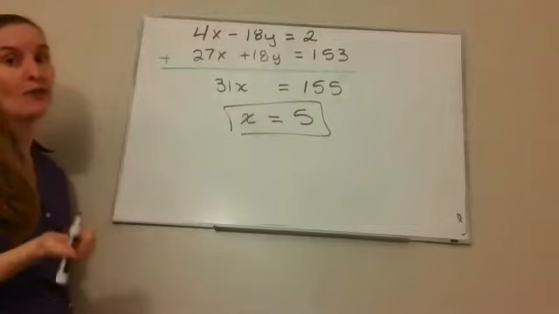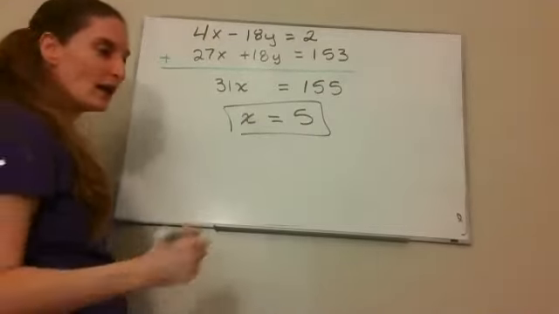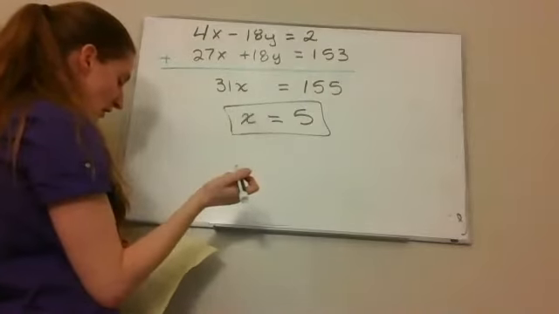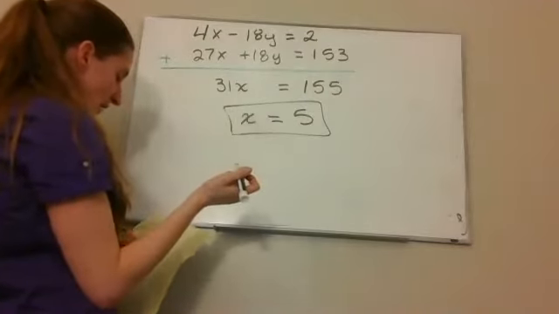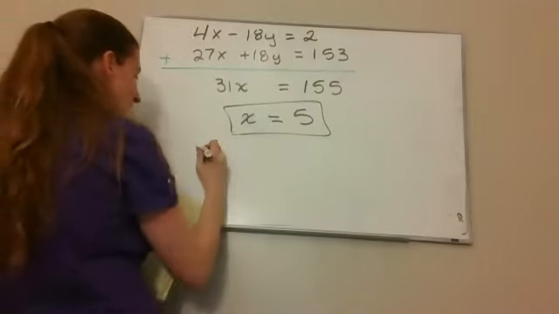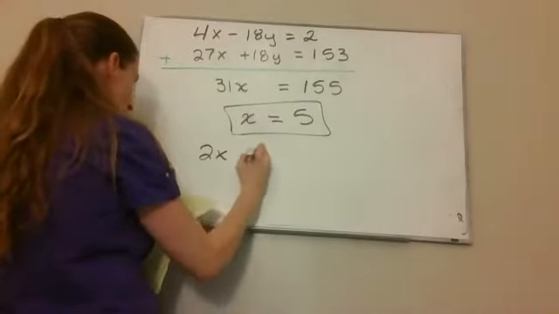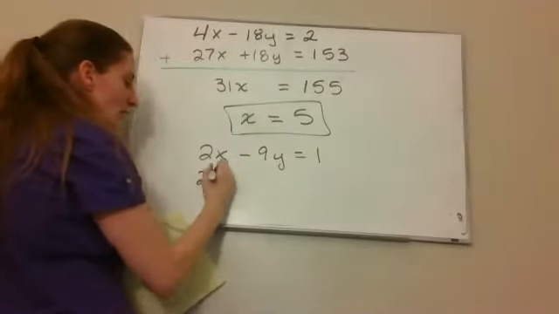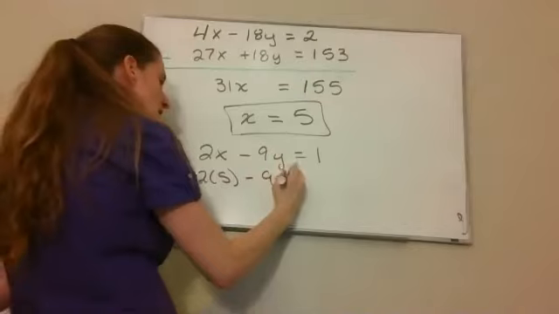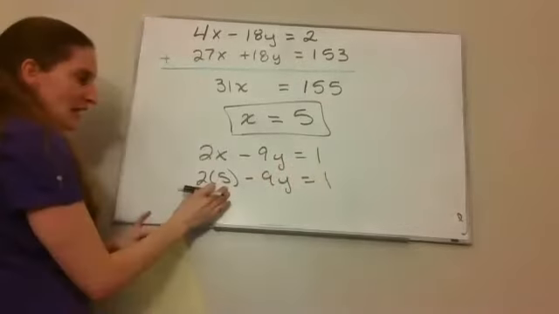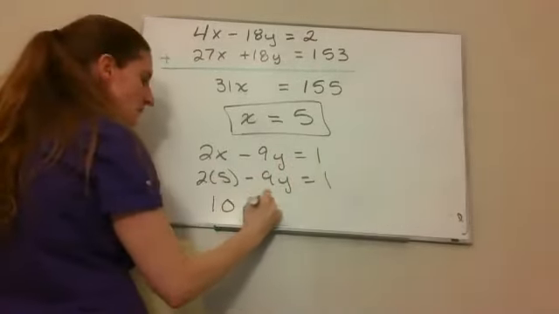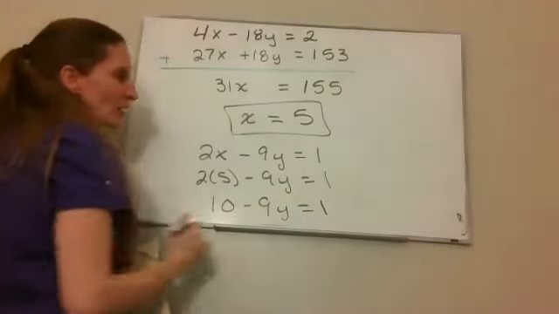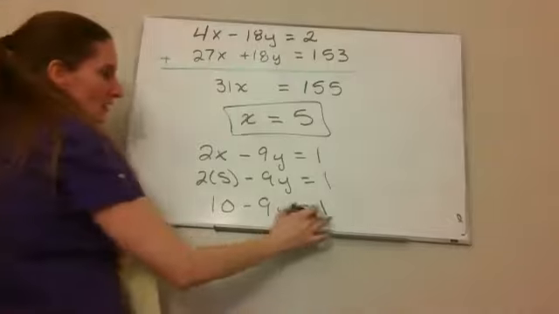Now all I have to do is find y. And to get y, I just take this value and plug it back into either equation. And I guess I'll plug it back into the first equation. My first equation was 2x minus 9y equals 1. When I plug the 5 in, I get a 10. So I'm going to add the 9y to the other side and subtract the 1.